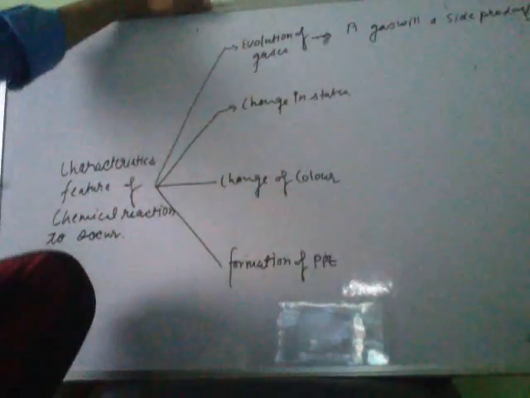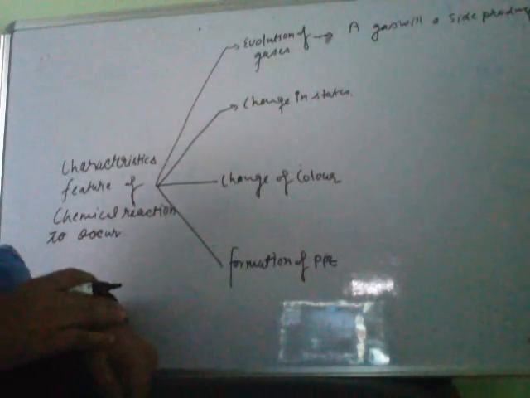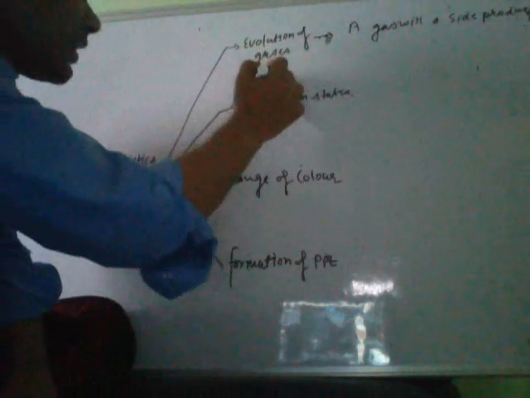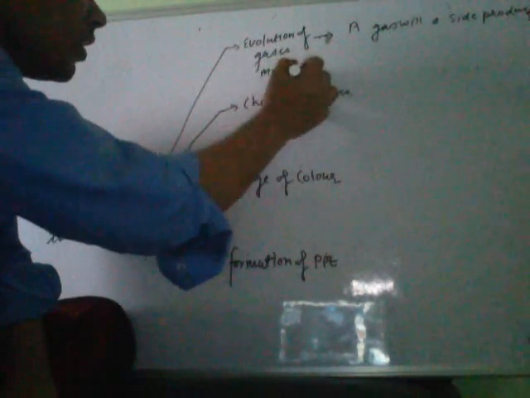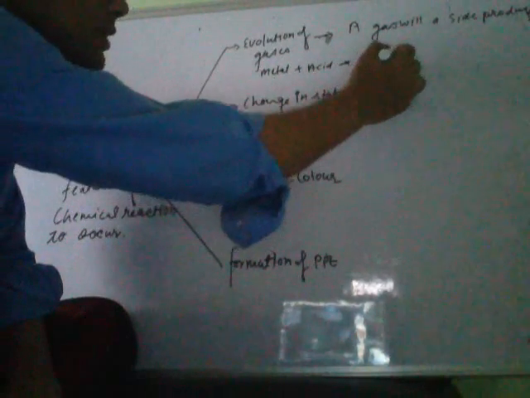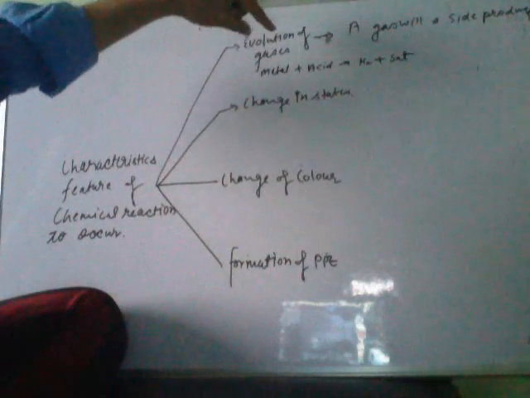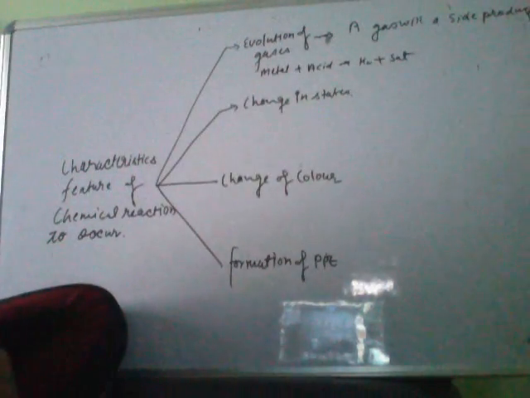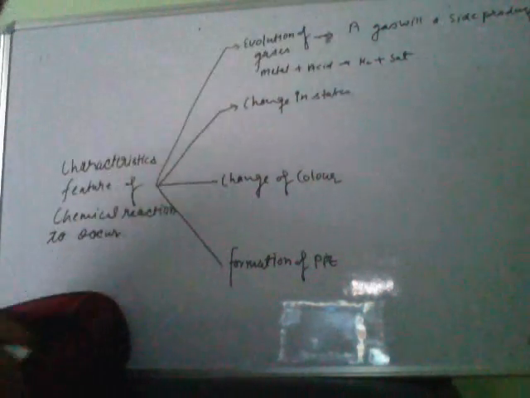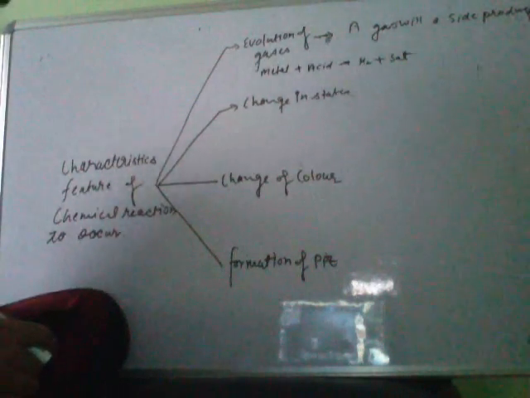If you treat a metal with an acid, you get hydrogen gas plus salt. This kind of reaction is characterized by the evolution of hydrogen gas, so this also becomes a characteristic feature.